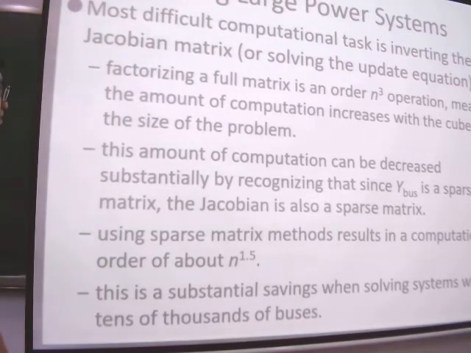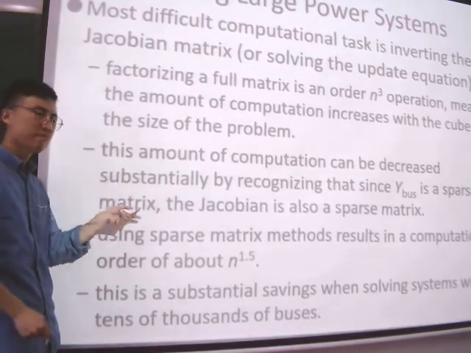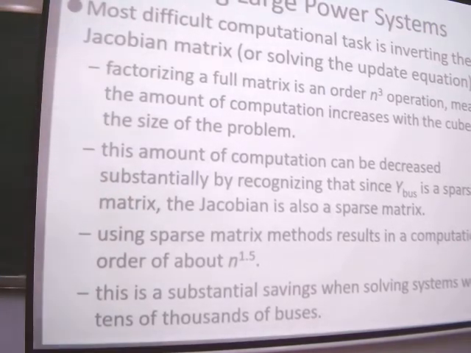So the amount of computation is decreased by recognizing that the admittance matrix Y is a sparse matrix, with very many zeros in the Y matrix, so there will also be many zeros in the Jacobi matrix.